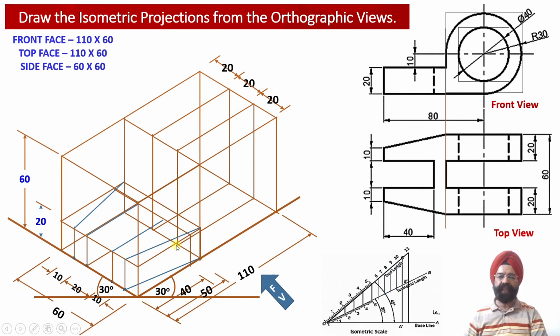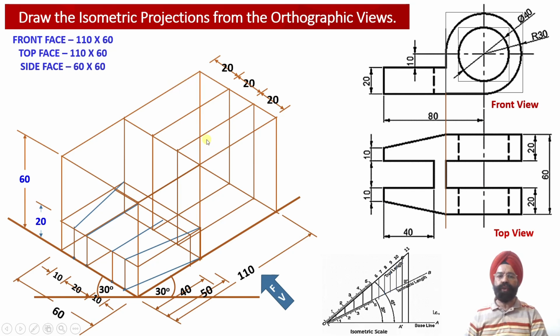This vertical projector line and this vertical projector line measuring 60 millimeter have been drawn parallel to the isometric y-axis. So now 4 square surfaces have been obtained in the isometric projection: the first, second, third and fourth square surfaces.